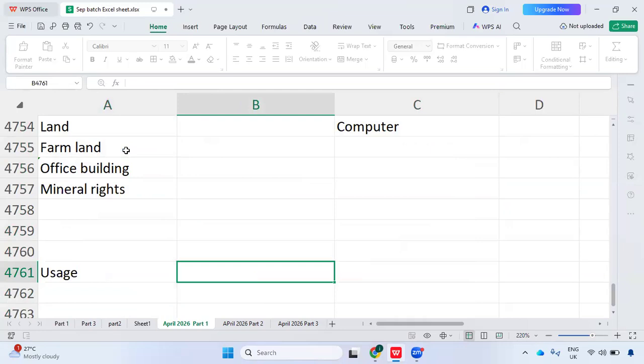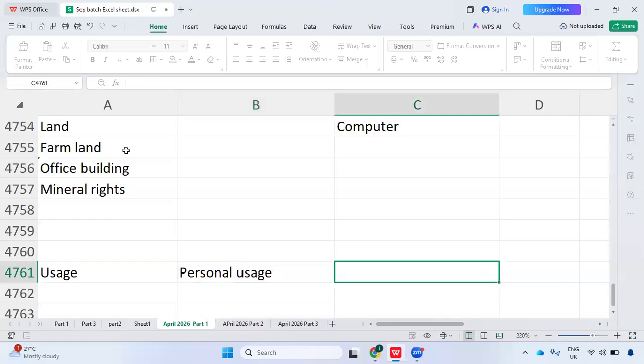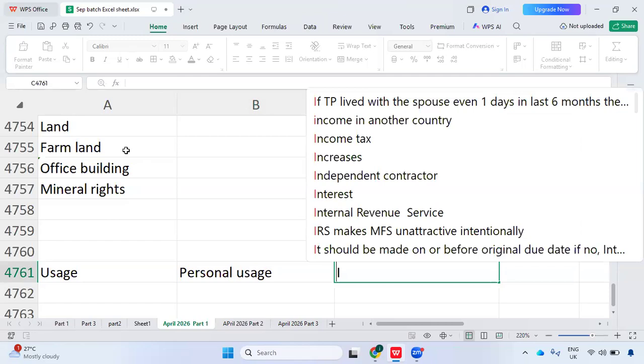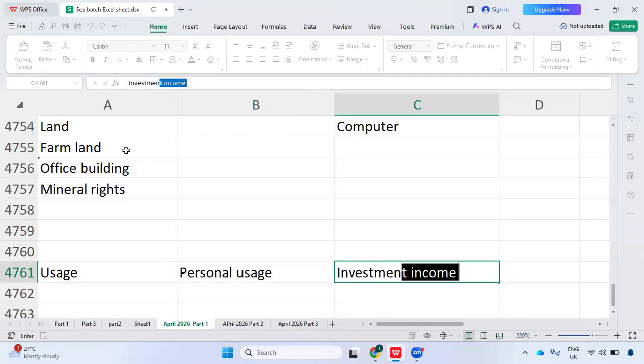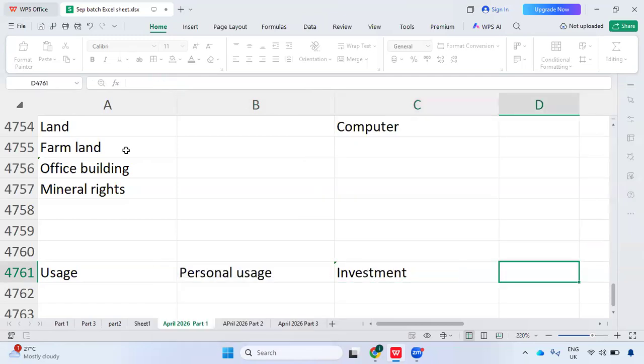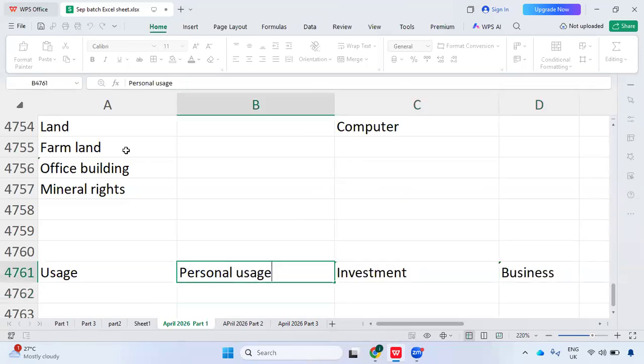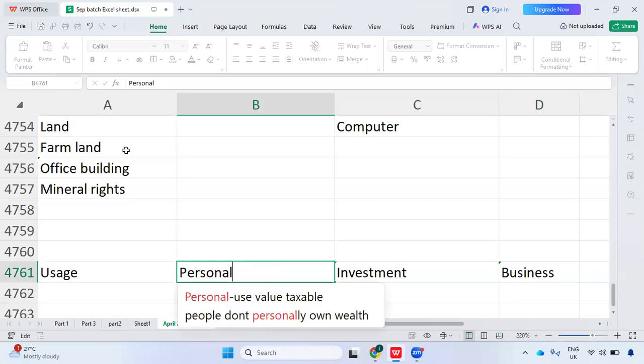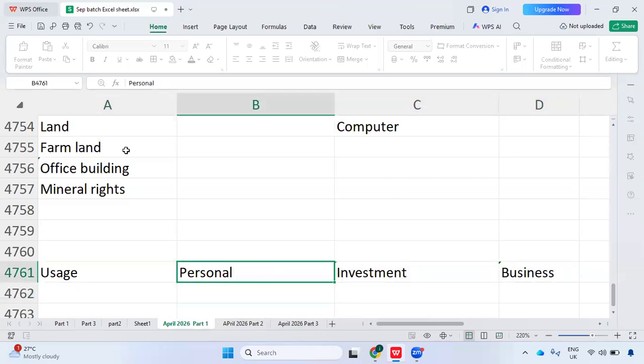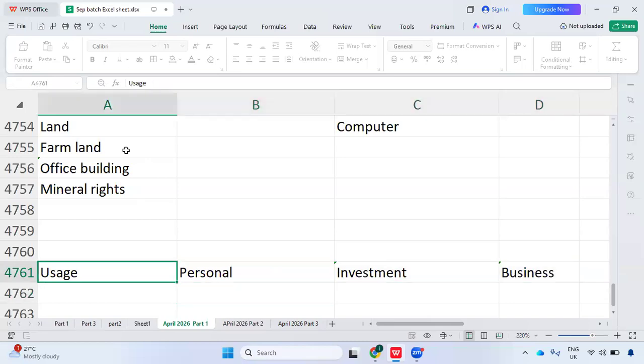Whether it is real property or personal property, we may use the property for personal purposes, for investment purposes, or for business purposes. You can use the property for any of these three.